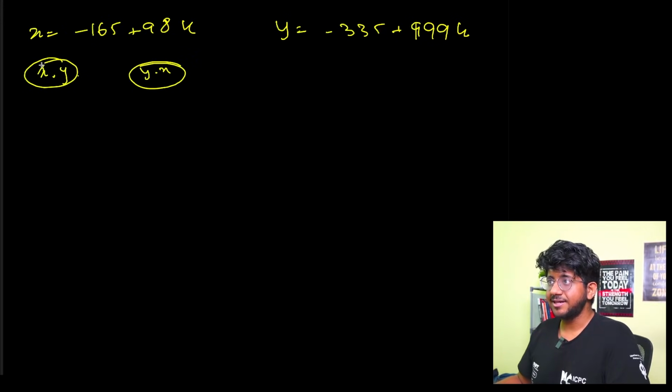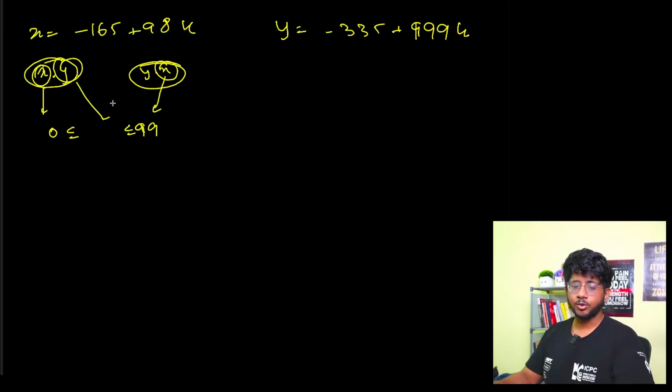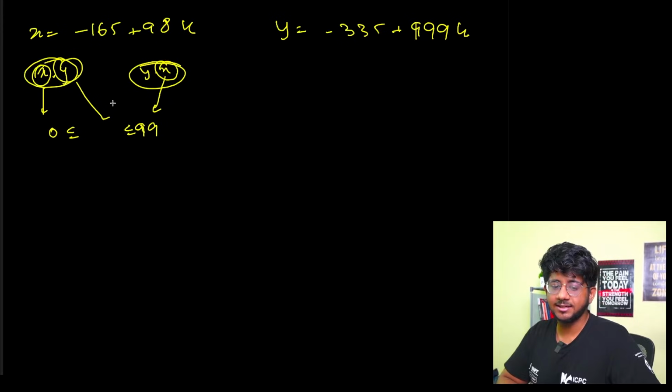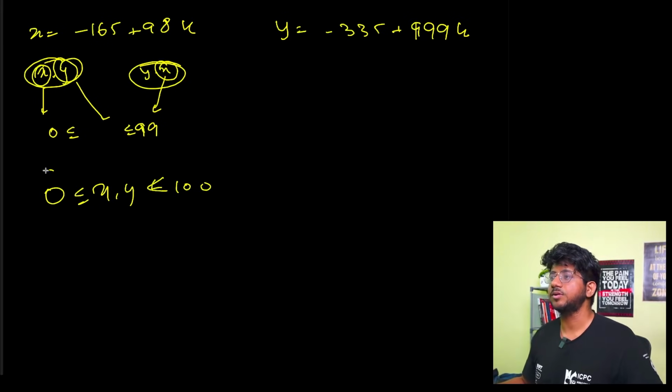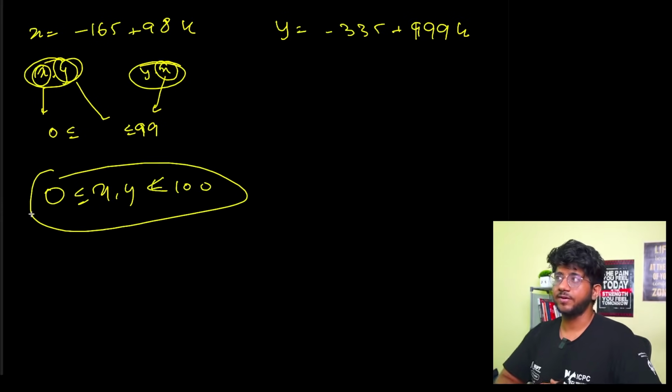So can I say that x is going to lie in the range 0 till 99? And y is also going to lie in the same range, right? Both of them are greater than or equal to 0 and less than 100. So x comma y, both less than 100 and greater than or equal to 0. This is another relation given to you.